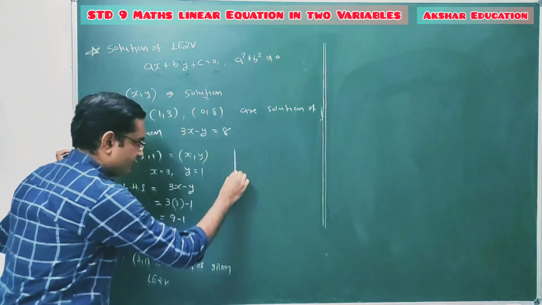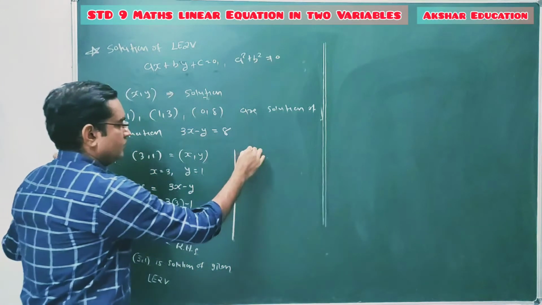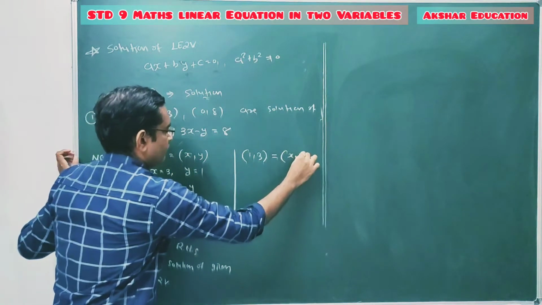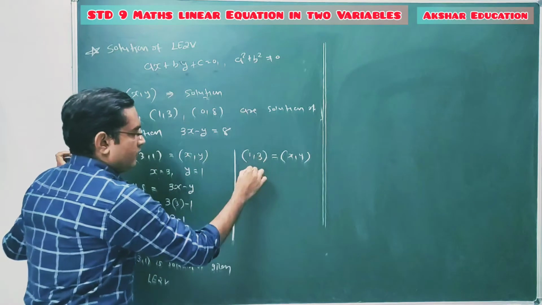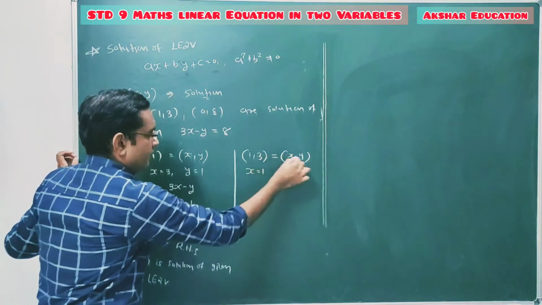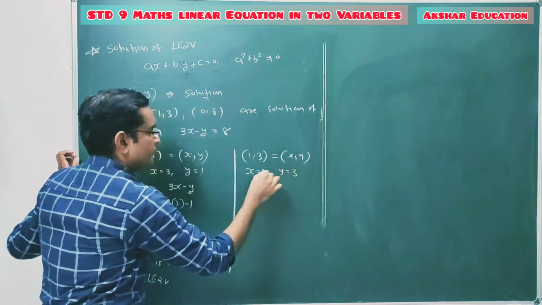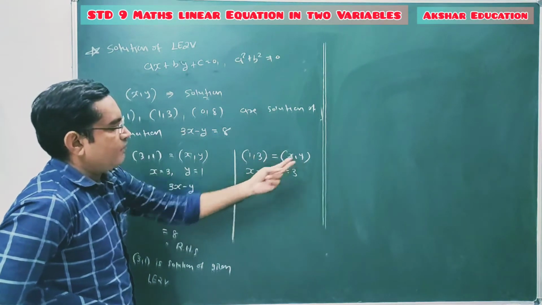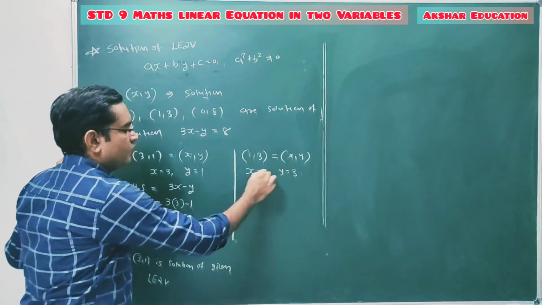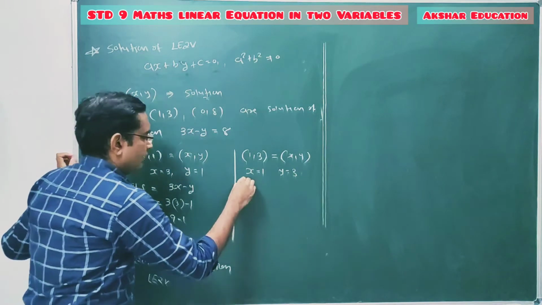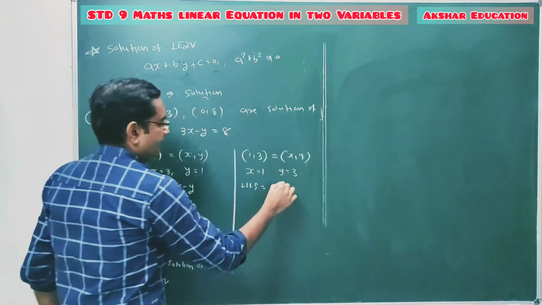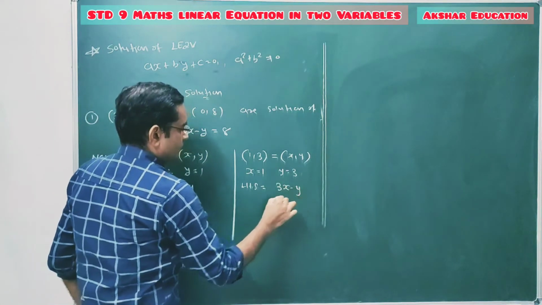So this is the ordered pair (1, 3), which is nothing but (x, y). So now our value of x is 1 and the value of y is 3. First element equal to x, second element equal to y. So we take x equal to 1 and y equal to 3. Now consider the left hand side of this equation, which is 3x minus y.